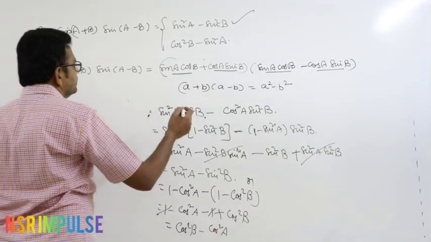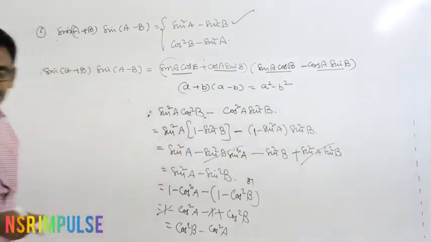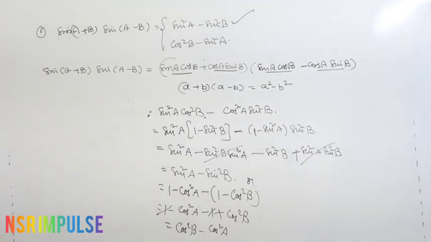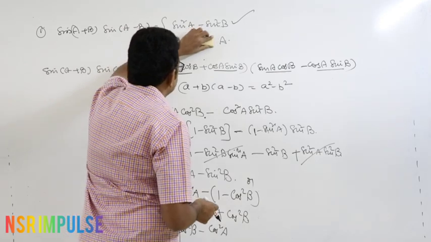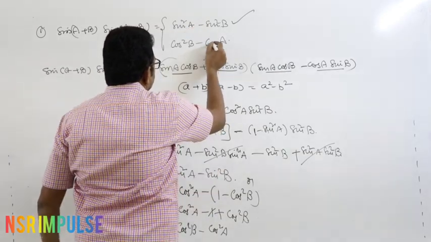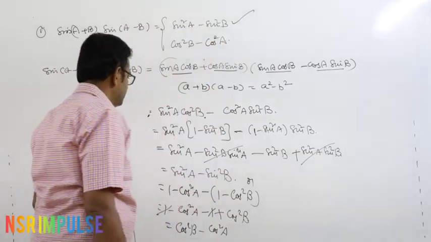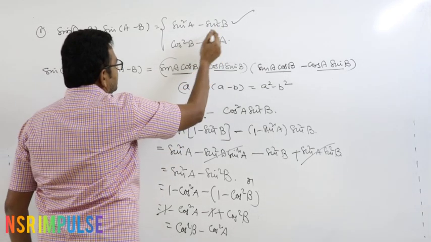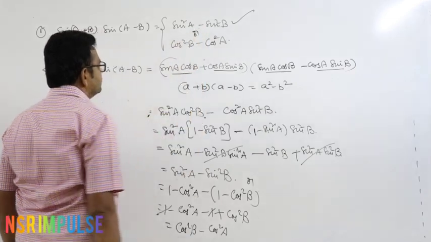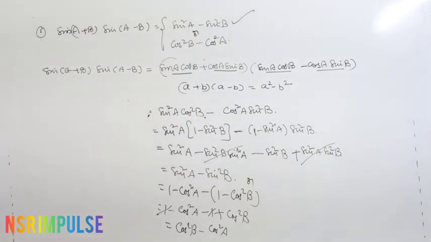So, sin of a plus b into sin of a minus b is equal to sin square a minus sin square b, or cos square b minus cos square a.